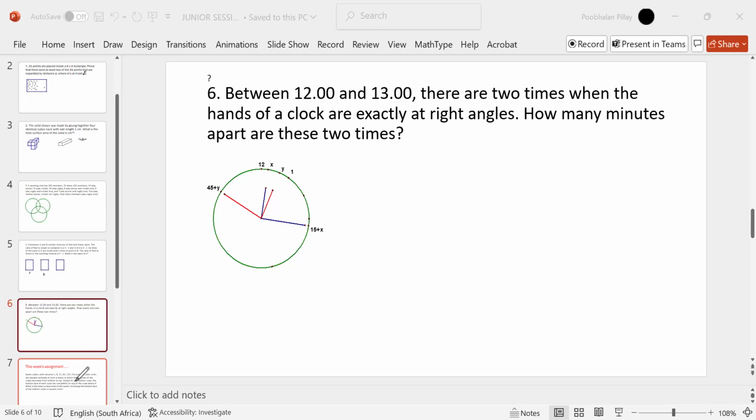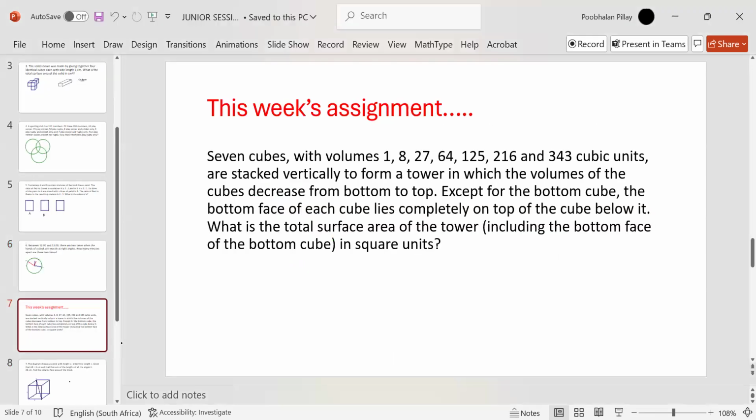Okay, so let's just go on with the next question. The next question is, oh, you got an assignment. All right, so you got an assignment. And I've written the question down, but you've been told where this assignment is.